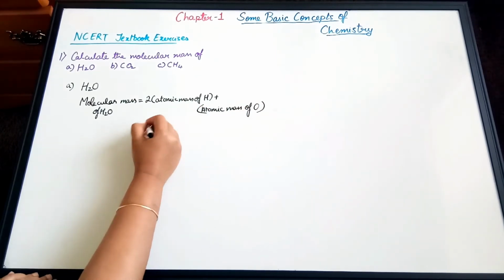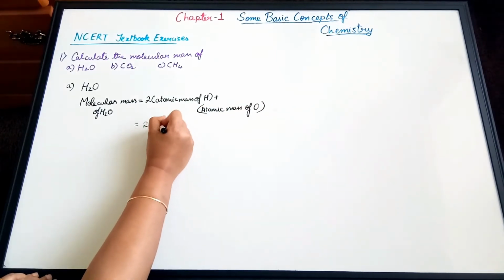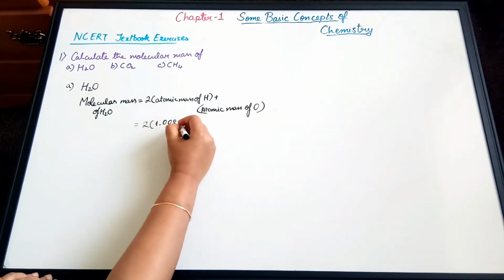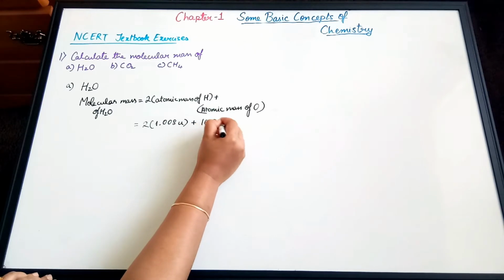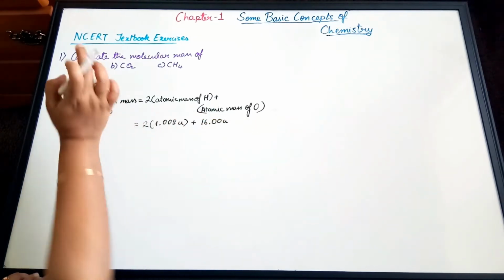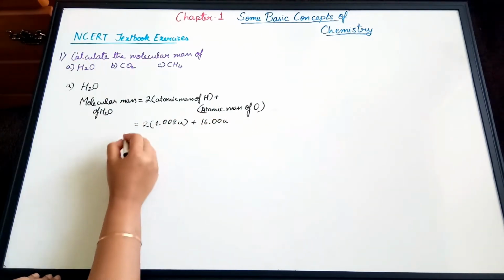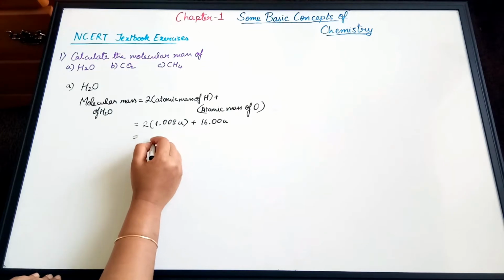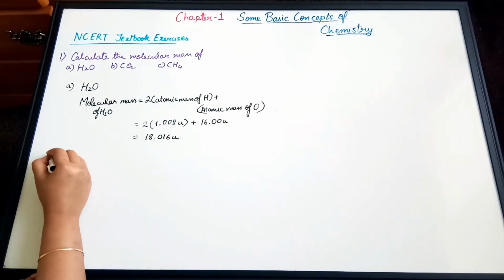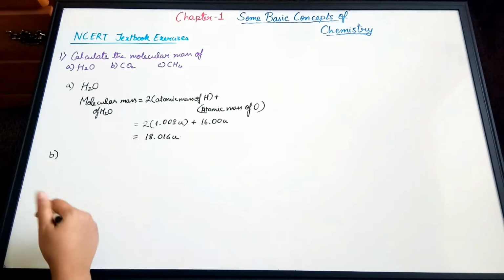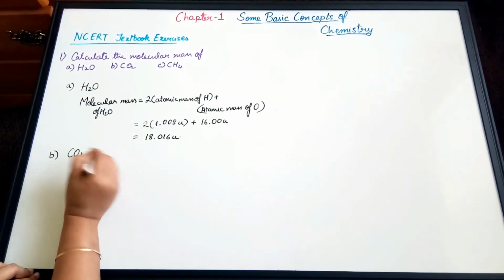So 2 into 1.008 U plus 16.00 U, because there's only one atom of oxygen. So when we simplify this, we get the answer as 18.016 U.